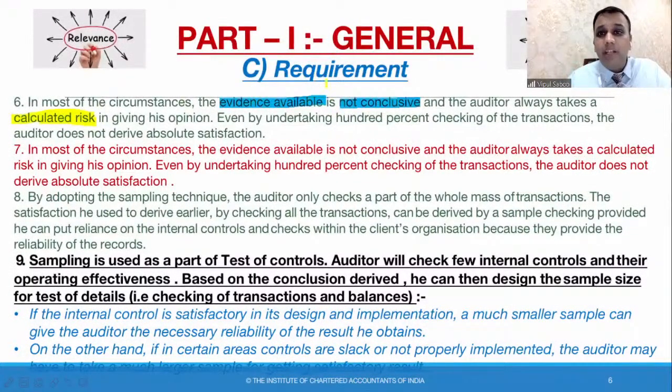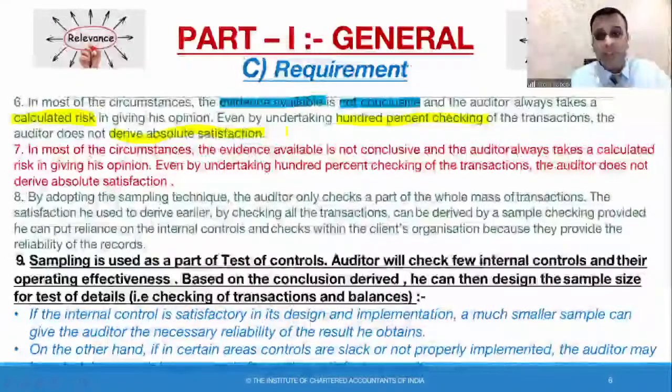Even by undertaking 100% checking of the transactions, the auditor doesn't derive absolute satisfaction. So we have absolute and conclusive. Even after checking 100%, he doesn't get concluding satisfaction or absolute satisfaction.